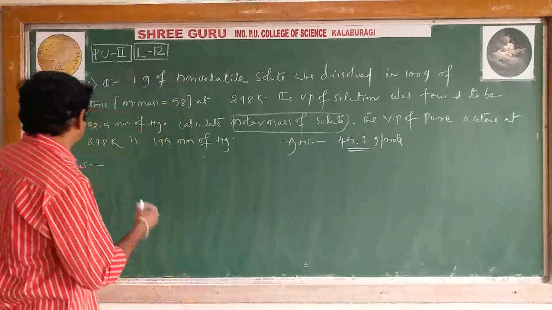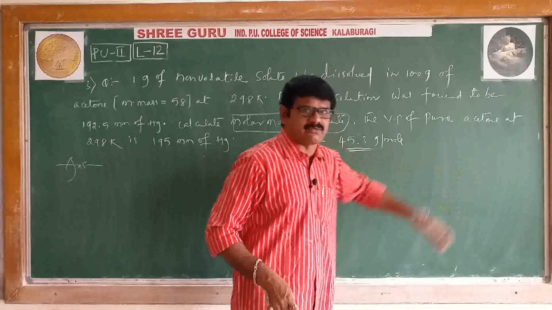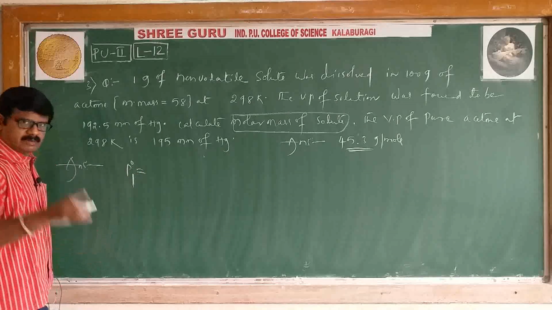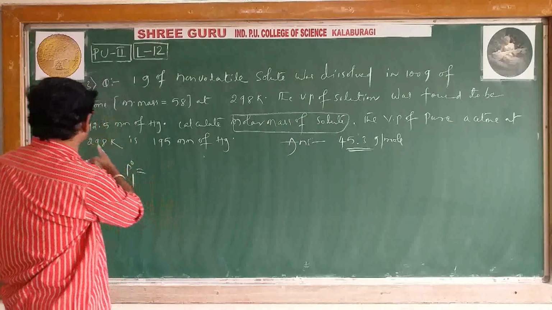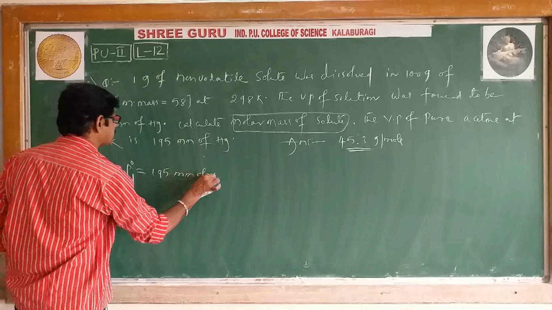See here, we'll see the data now. Vapor pressure of pure solvent is there, nothing but P1 naught, pure acetone at 298 Kelvin, is 195 millimeters of mercury.